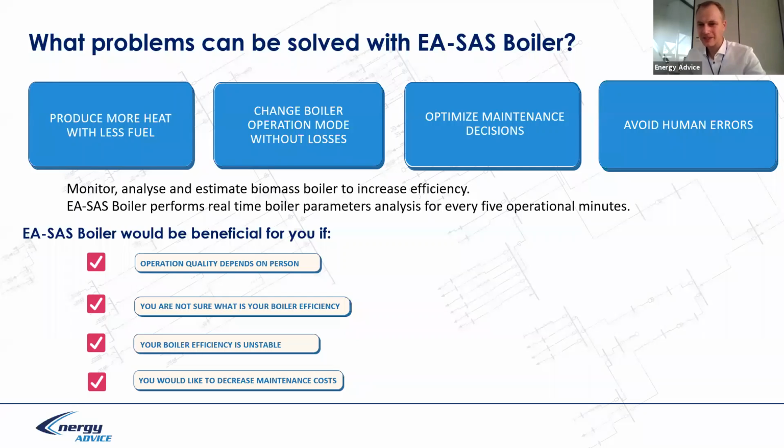For example, you burn an amount of fuel whose calorific value you know, and we compare the data with the data in the EA-SAS Boiler system, and it would be like commissioning, a testing process, a validation process that the algorithm is working perfectly.